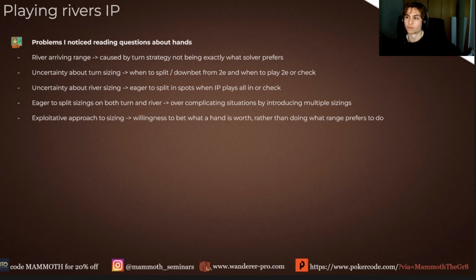If your decision is minus EV, you're going to be losing quite a bit of big blinds per 100. So what I want to stress here is the importance of being very well studied in how to play flop and turn, so then the river is going to be easier to play. That's why you should be focusing a lot on flop and turn study.